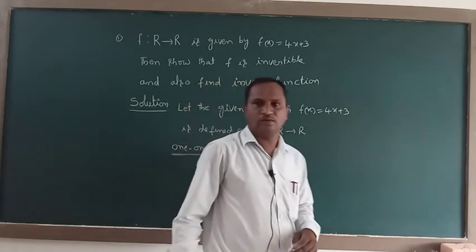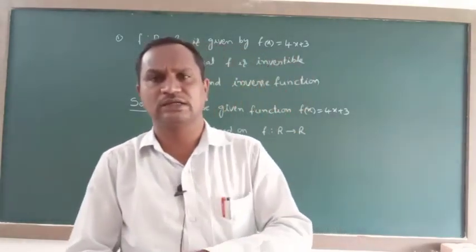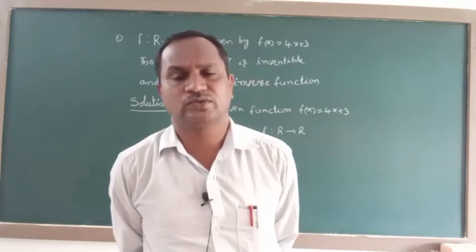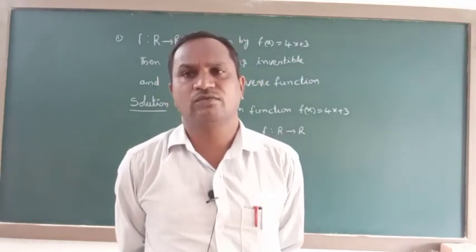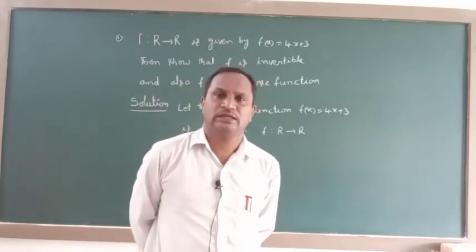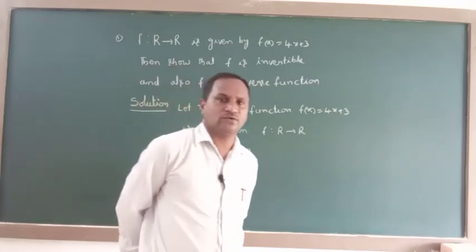Already I told the formula to show a one-one function: we consider f of x1 is equal to f of x2, and by solving that, finally we should get x1 is equal to x2. If we can get that easily, we can say f is a one-one function.